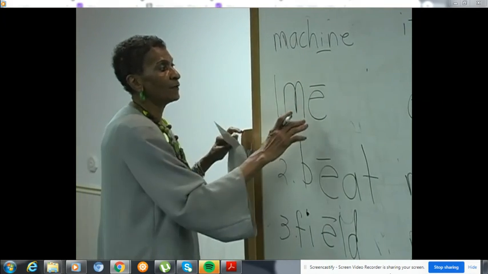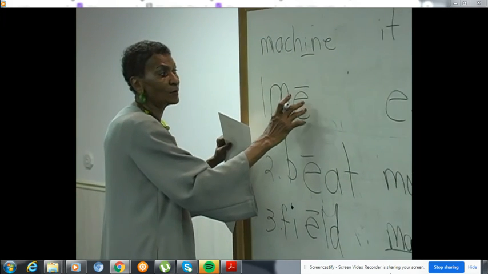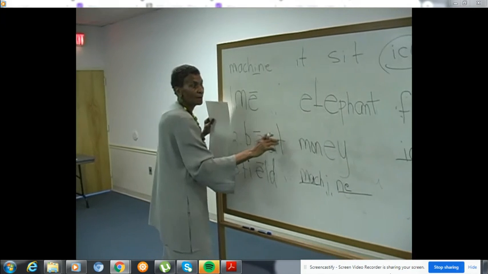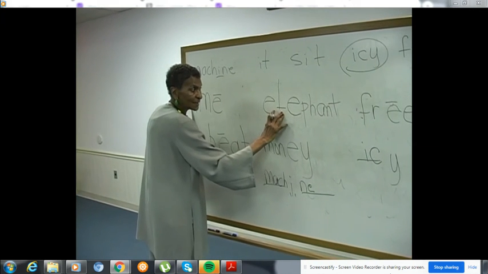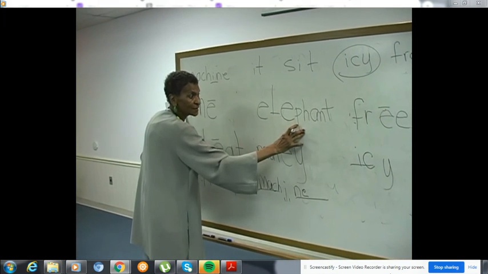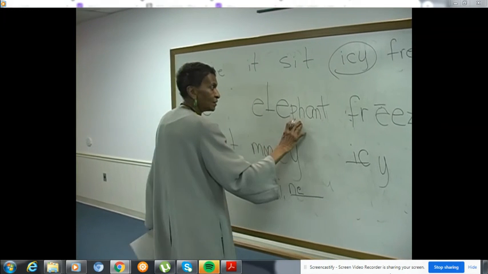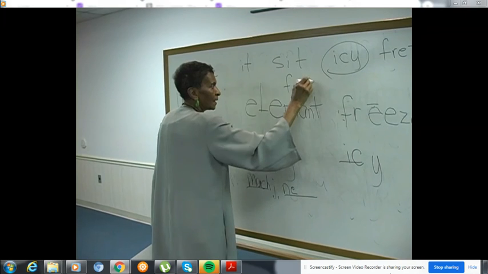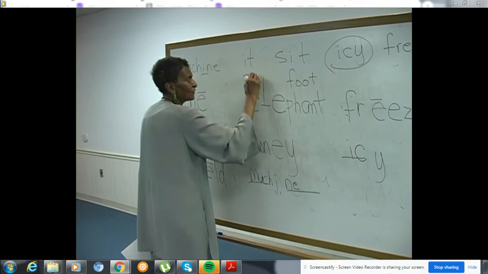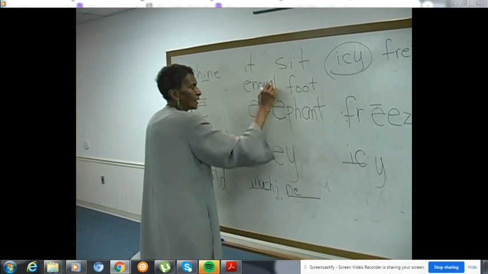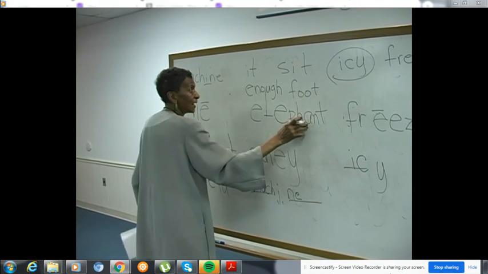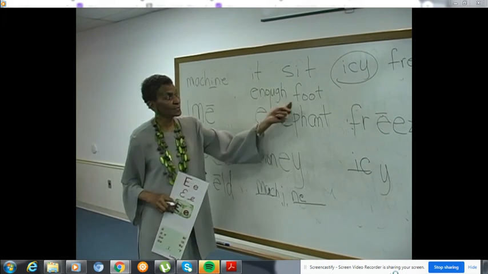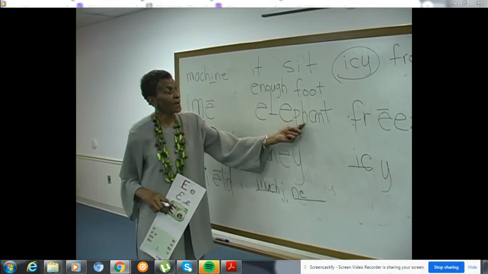So here we have E with the macron, sound E, word me. E blank E says E, elephant. PH here has the same sound as in foot. Same sound as in enough. Enough, foot, and elephant.